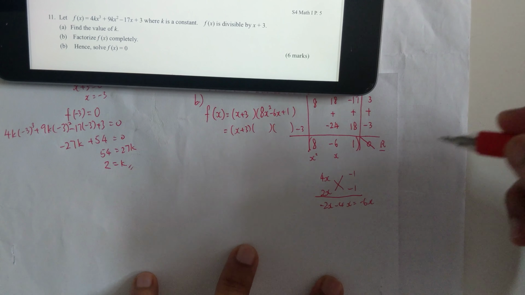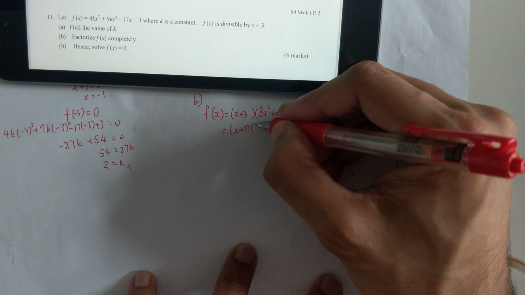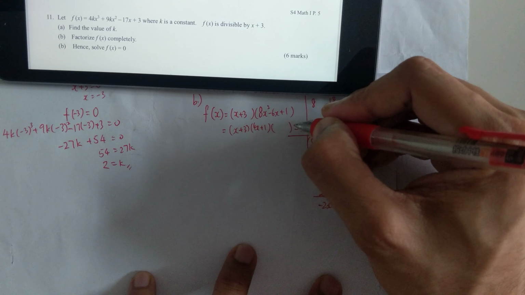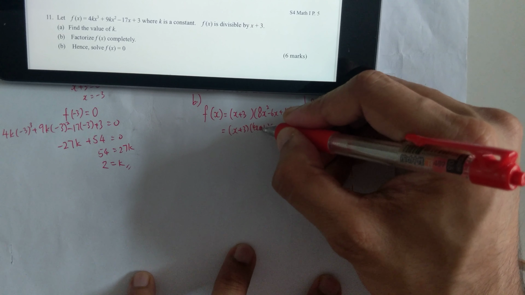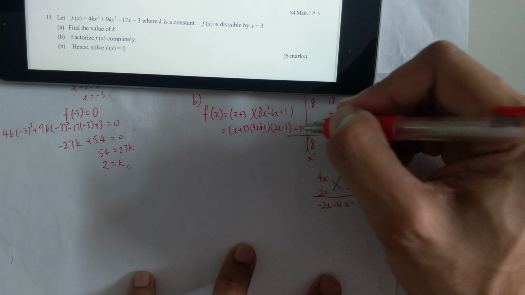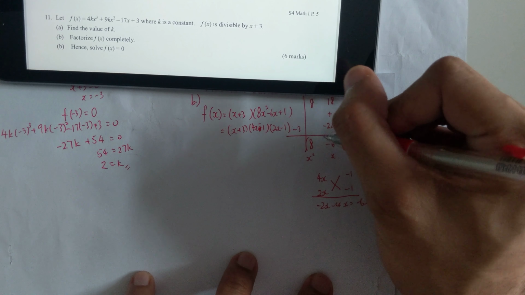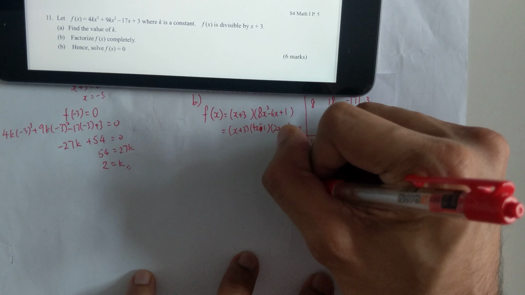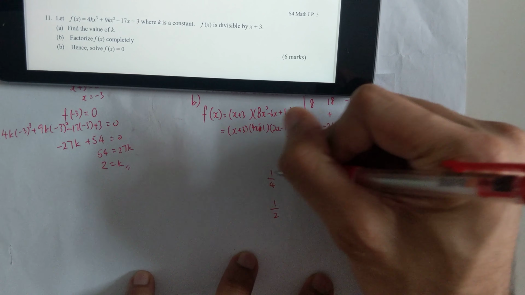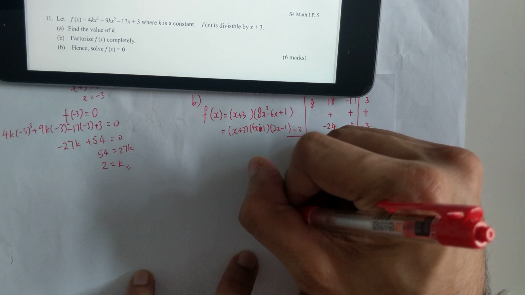The cross method will tell us that it's 4x minus 1 and 2x minus 1. Or the calculator actually gives you 1 over 4 and 1 over 2. It tells you what x is equal to.